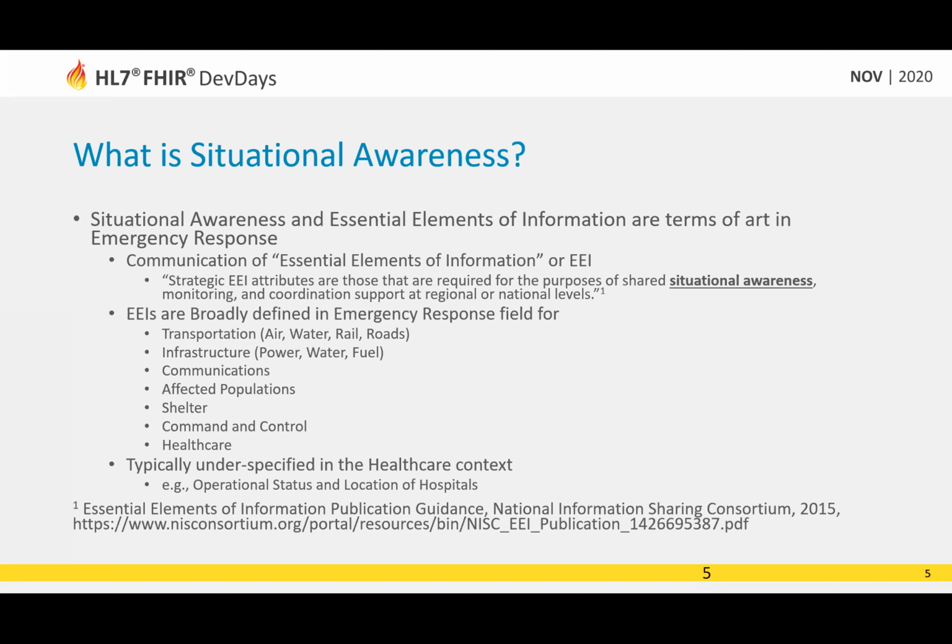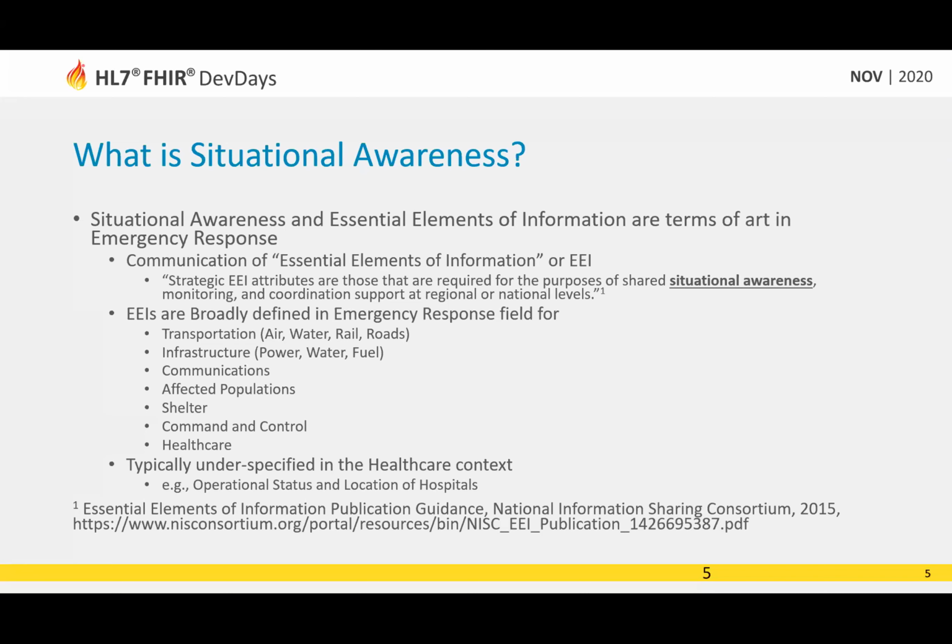So if you Google essential elements of information or EEI, you might see some broad definitions of EEIs. Typically, as I said, they're in the emergency response space, as opposed to the healthcare space, and they cover a broad variety of topics, things like transportation, infrastructure, communications, command and control, as well as healthcare.